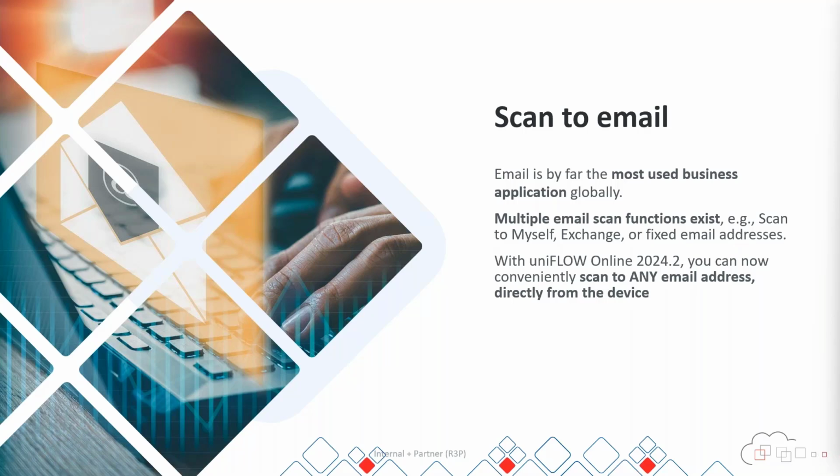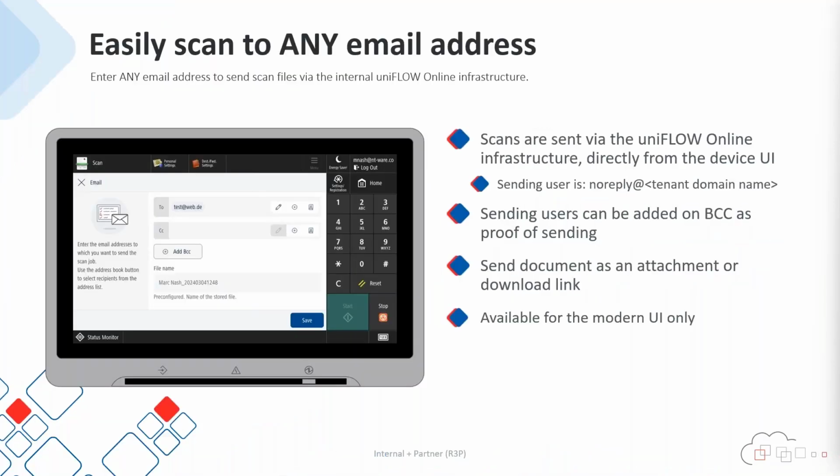Now, you may or may not be aware, but uniFLOW Online offers various email scan functions, including scan to myself, exchange, or using a fixed email address. Now, with the latest release, users can conveniently scan to any email address directly from the device. Let's explore a little further.